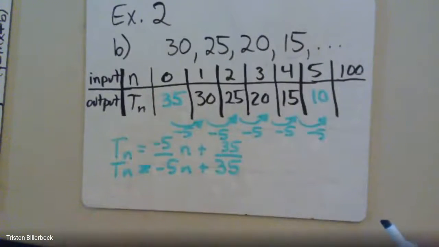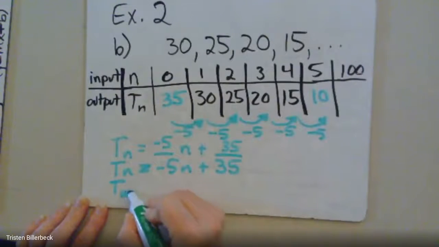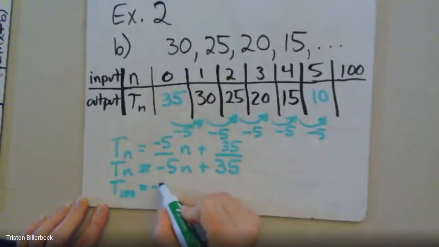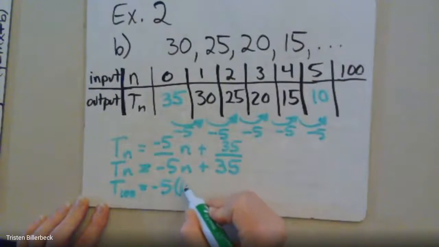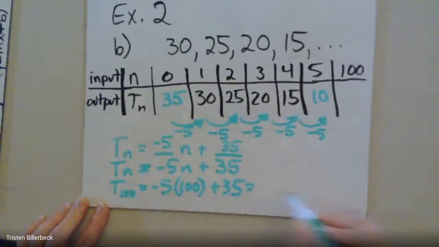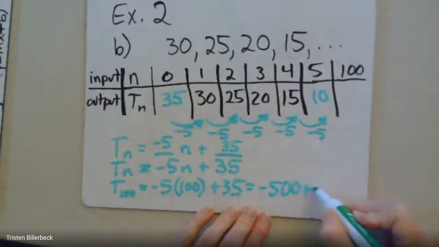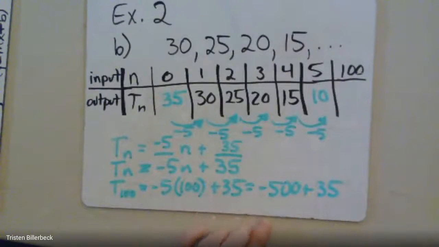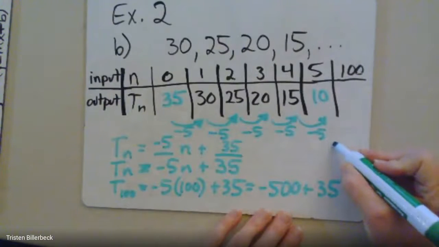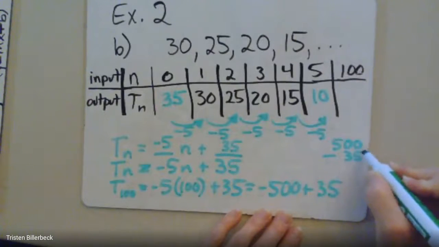So if I want to find figure 100, I just put the 100th term equals negative 5 times 100 plus 35. So that gives me negative 500 plus 35. So we have different signs, so we're going to take the difference. And the easiest way to do that is to subtract like this.